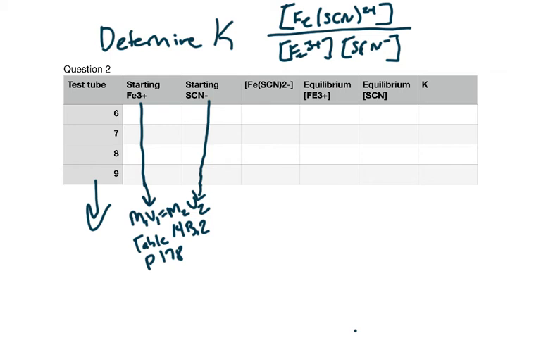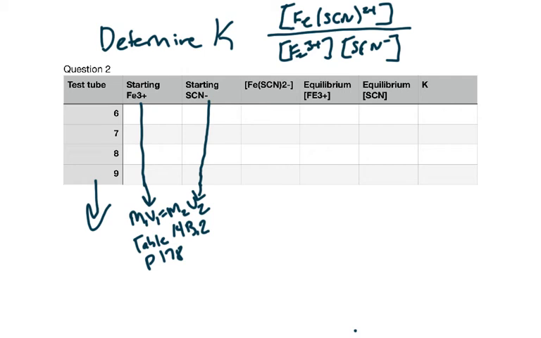You can simply find the total volume, which should be the same for all of them. You're given the starting concentrations of both at the top of the column. The starting volume for each test tube is there. Your final total volume is 7.0 for each. We've had plenty of practice doing that.